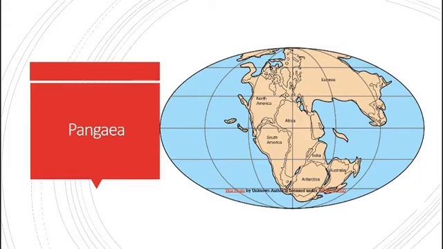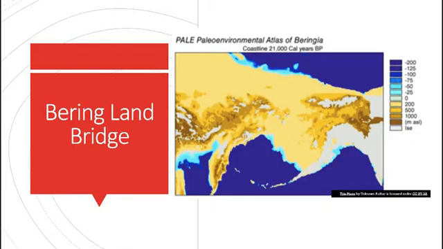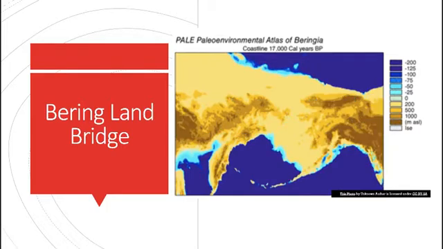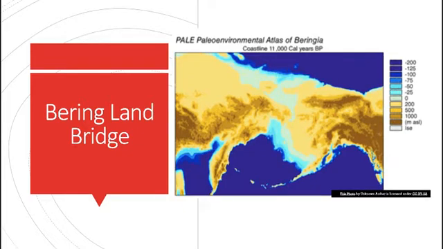These geological forces also created some mountain ranges, like the Appalachian Mountains and the Rocky Mountains. And there's also the Great Ice Age, which started about 2 million years ago and ended about 10,000 years ago, around 8,000 BC.